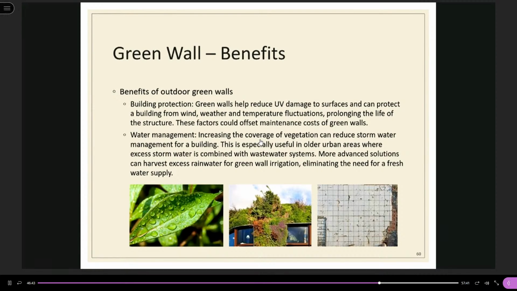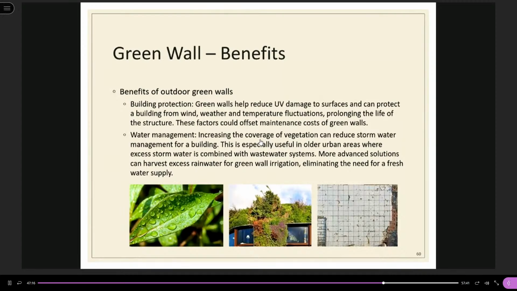Benefits of outdoor green walls. So some more, like building protection. So for the building facade, it may be bare concrete. It may be some tiles, maybe metal claddings. So anyway, these materials may age, they may be damaged due to the sunlight.